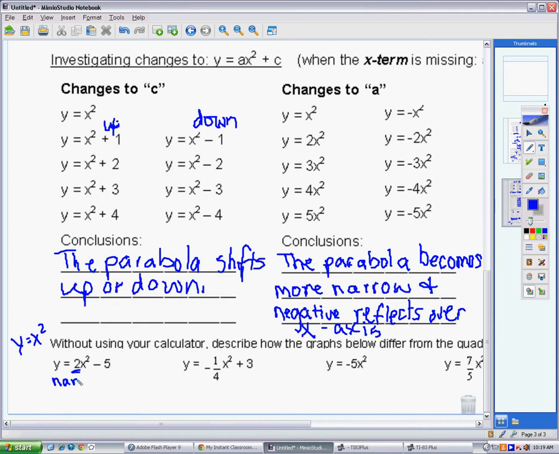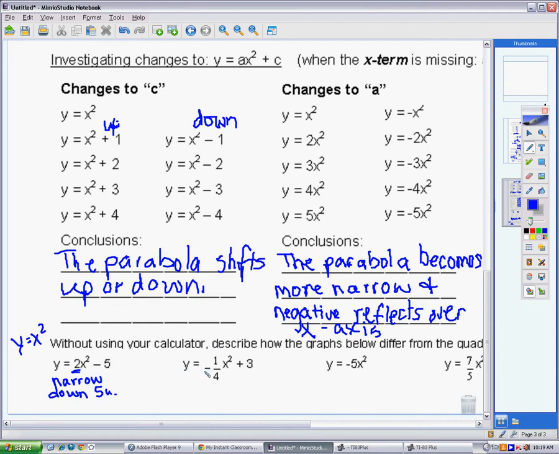So it's going to become more narrow. And if we change that number on the end to a negative, that means it's going to go down 5 units. So those are the changes from x squared to 2x squared minus 5. The number in front of x squared is going to make it either narrower or wider. And then the C change is going to make it go up or down. So in this case, it's negative, so it goes down.